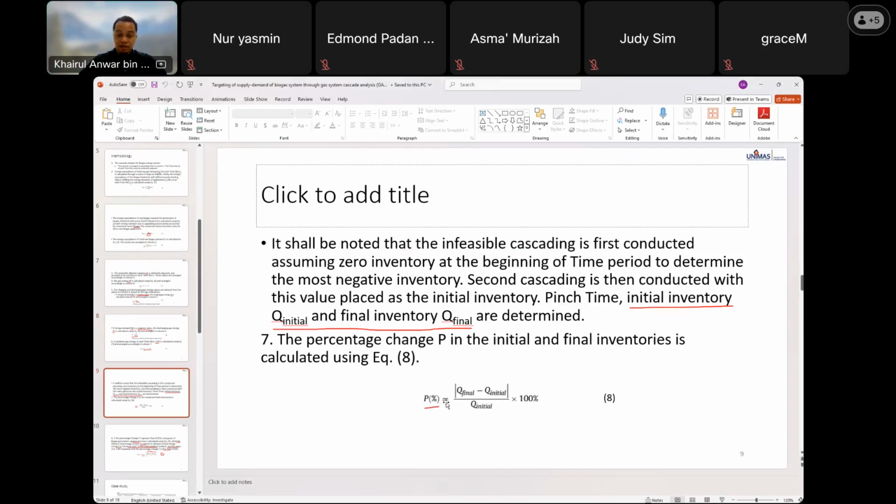So P% equals Q final minus Q initial over Q initial times 100%. At the end of the iteration, meaning when you get the pinch, the Q final must be equal to Q initial. This is for the time-based pinch.